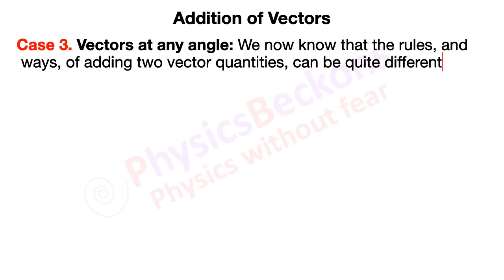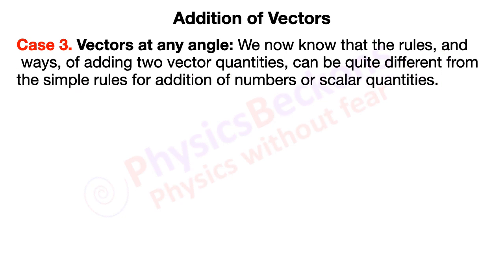Case 3 is the general case where the vectors are at any angle, neither 0 nor 180 nor 90, it can be any angle. We however know that the rules of adding two vector quantities are quite different from simple algebraic addition.